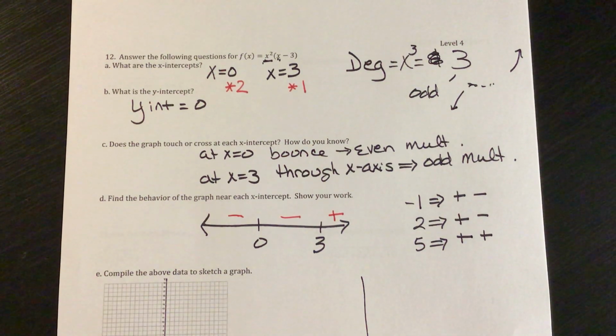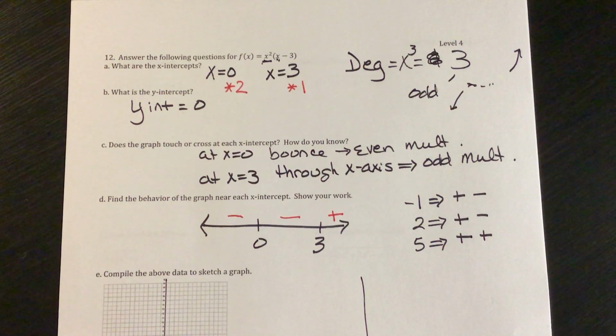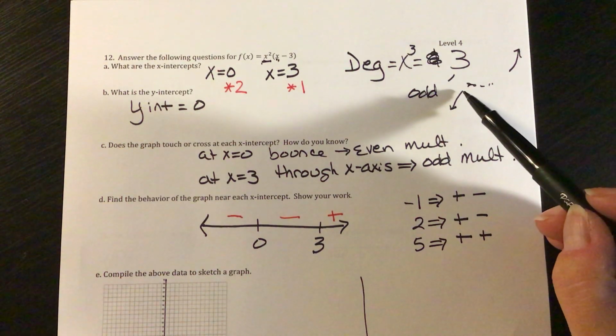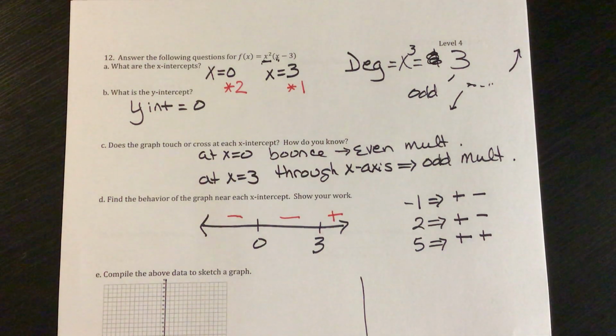Again, I don't like that graph, so I'm making my own. Here it is. And what we said before is it's going to start on the left side, going down towards -infinity.